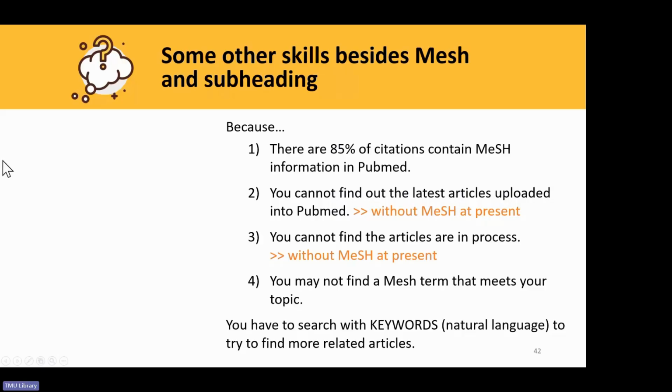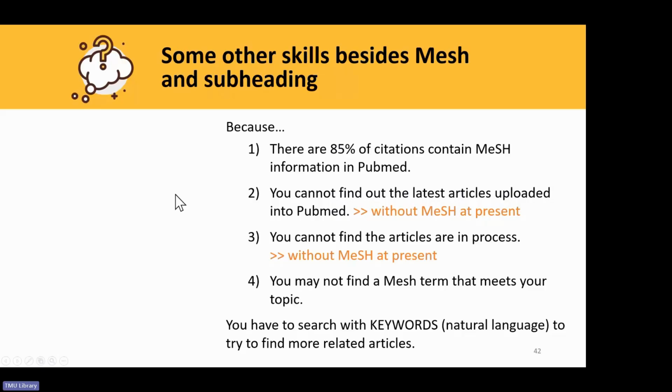MEDLINE contains the MeSH information, but the others don't. So only 85% of citations. That means I strongly recommend using MeSH term plus natural language. That means not MeSH term alone, but I will explain clearly later.